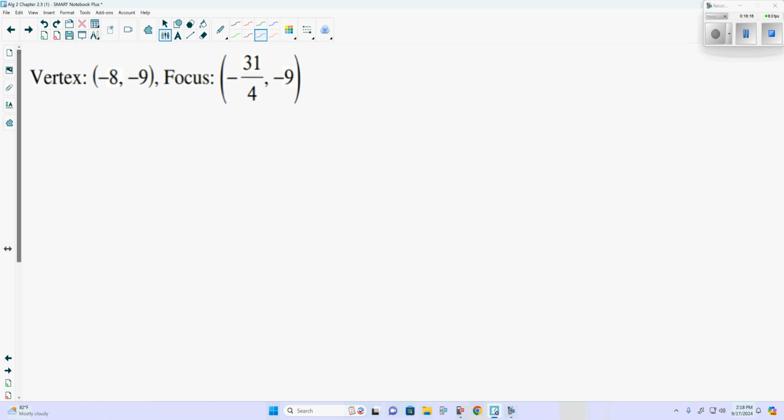So if we look at the general form, the one where the first value is changing is x equals a times y minus k squared plus h, because for our x equals equation, the first value changes from focus to vertex, or vertex to focus.